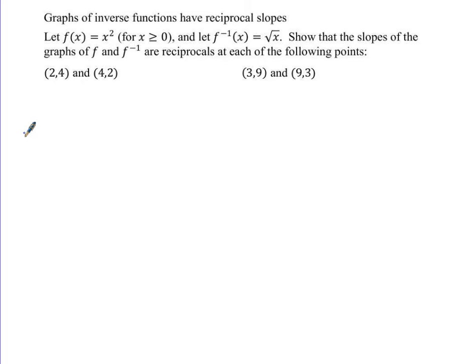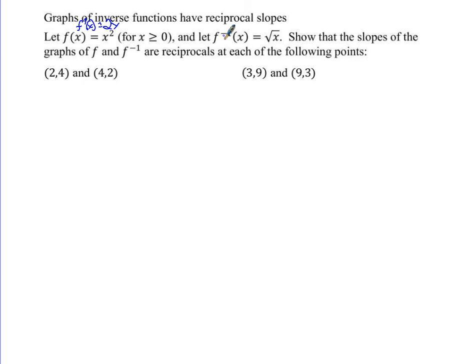Find the slopes. Well, it says show that the slopes of the graphs of f and f inverse are reciprocals at those points, right? So find the slopes. What do we do? Take the derivative. So the derivative, f prime of x, is what?